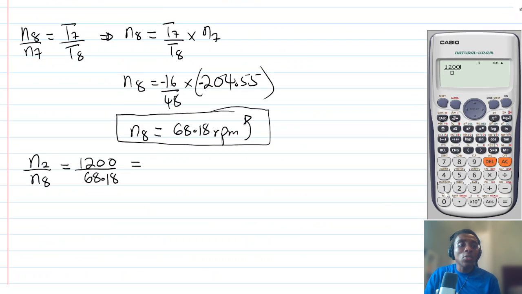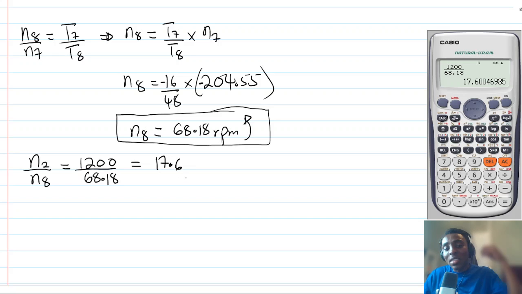So 1200 divided by 68.18 is 17.6. That's essentially telling us that if we have been able to connect these gears, then we have been able to amplify the gear power by a factor of 18. Think about using 68 to get 1200, and that's the power of gear trains.